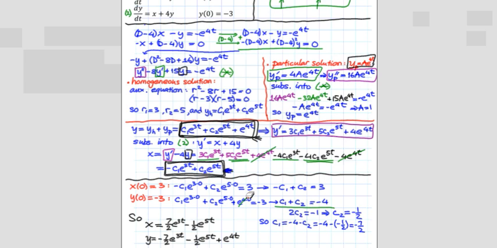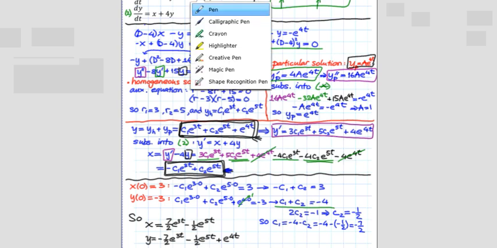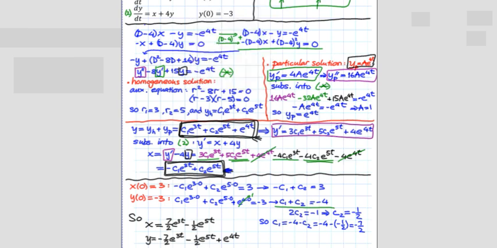So first, we eliminate x and solve for y.